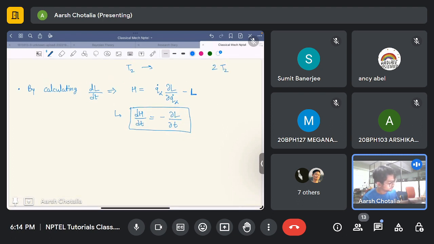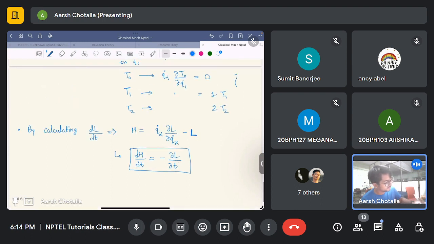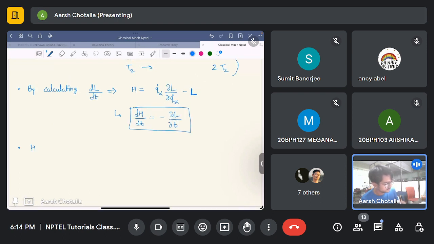So then we calculated, using Euler's theorem, these three facts, what H would be. In general, H is T2 plus U, your potential, minus T0. And if we have r_i as functions of your generalized coordinates that do not explicitly depend upon time, then T becomes T2, we saw that.